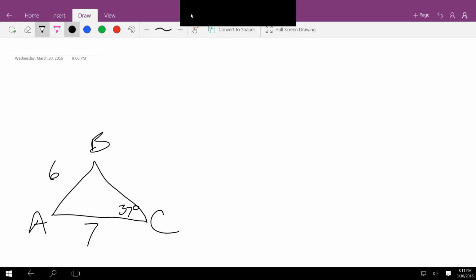Solving for all six pieces means solving for all three angles and all three sides. Well, what the law of sines says is that the sine of A, angle A, over side A, and typically if you're using letters for angles, you use capital letters for angles, little letters for the sides. In other words, this side a. And once you have that relationship, you can solve the whole triangle.